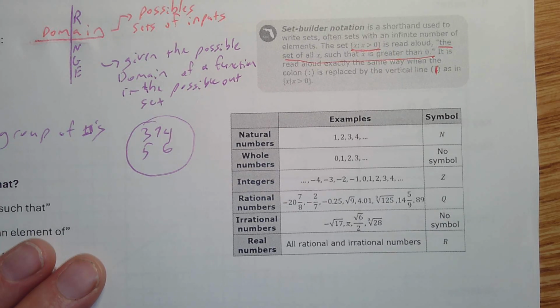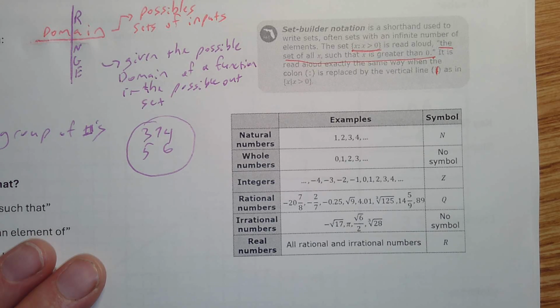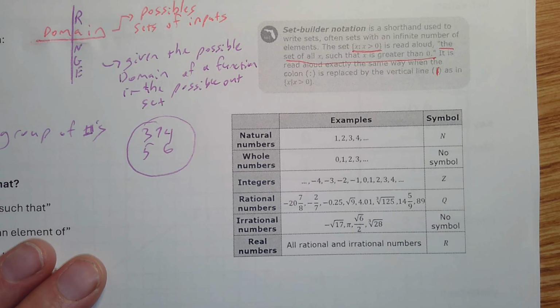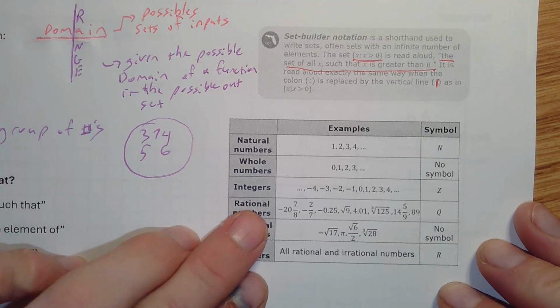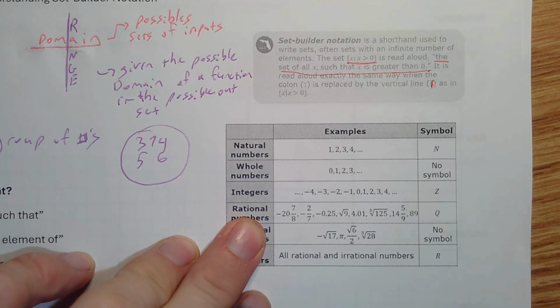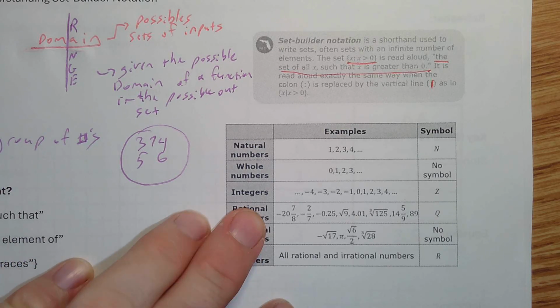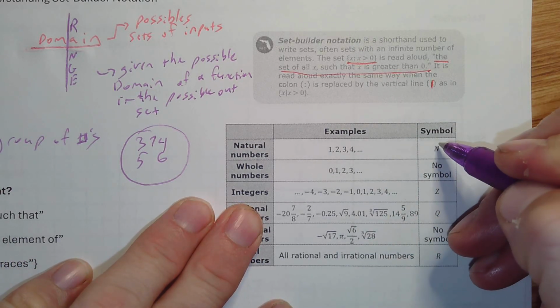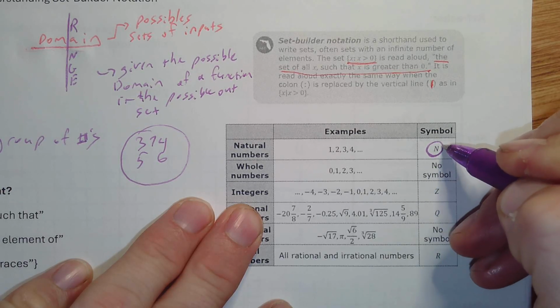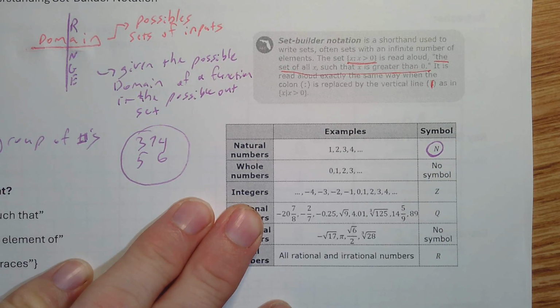More specifically, they're numbers used for counting, and they're positive. They're the first numbers you learn: 1, 2, 3, 4, 5, 6, 7, 8, 9, 10, 11, 12. The symbol for those is N. You'll be learning those in your set builder notation.